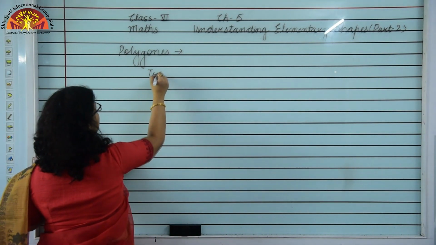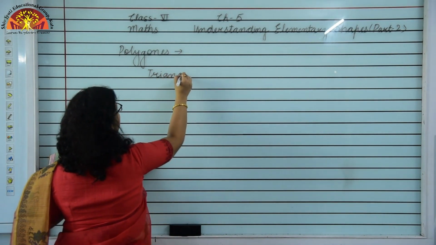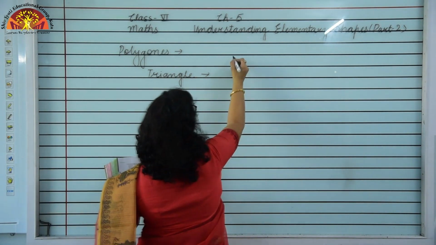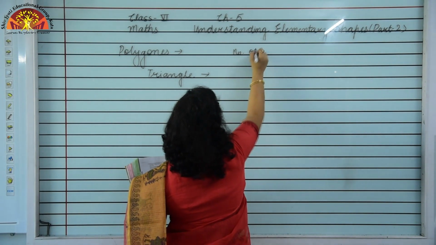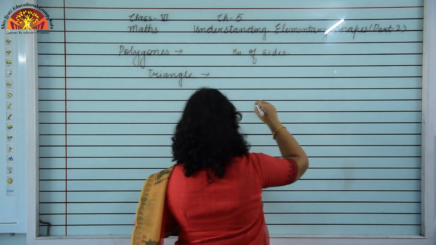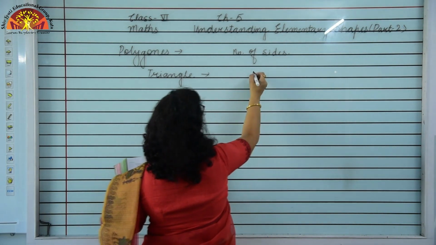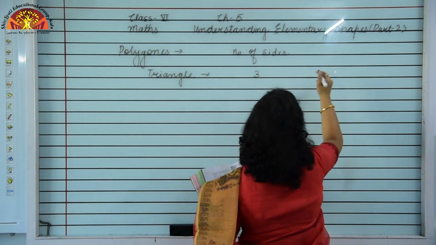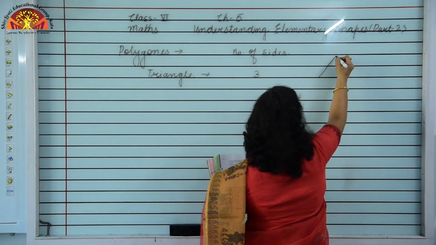Triangle has three sides. Understood? So triangle is a three-sided figure, and this is the figure of a triangle.